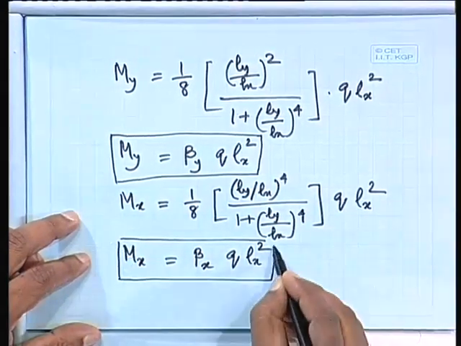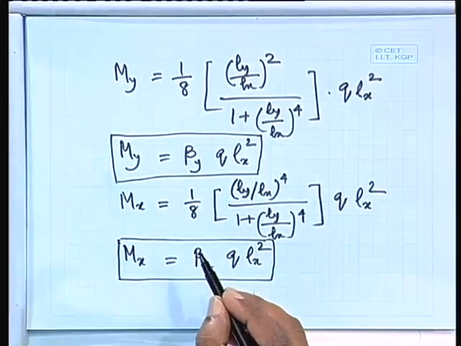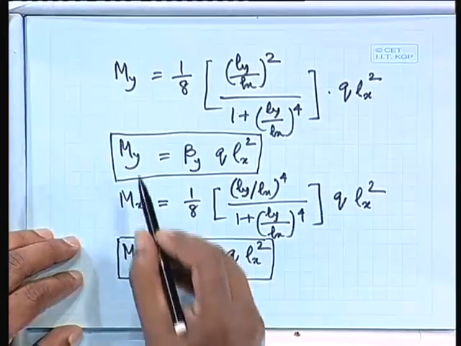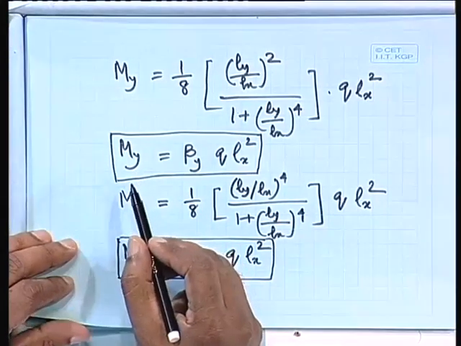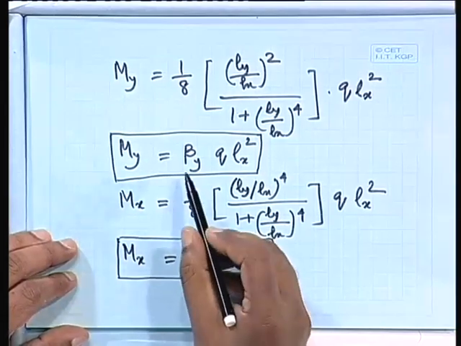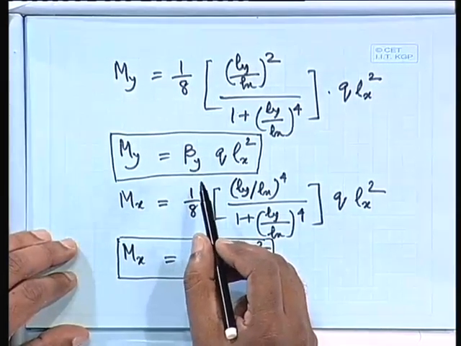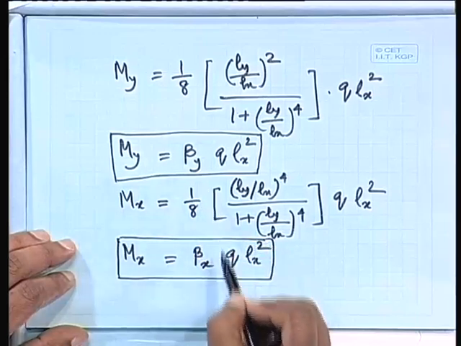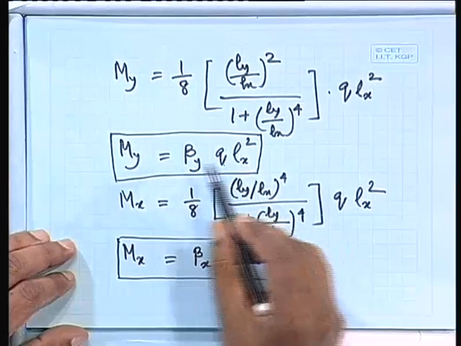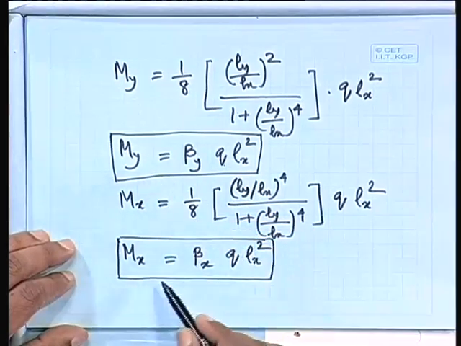Please note, when you are doing your computation for moment, because we are interested to find out the moment only, Mx and My for simply supported case, we have to get beta x and beta y. We shall get beta x and beta y and times q L square x when we are calculating My, and similarly when you are calculating Mx, that time also it is q L square x.